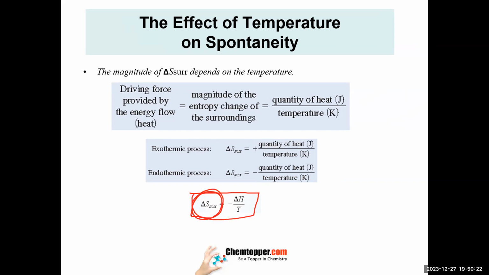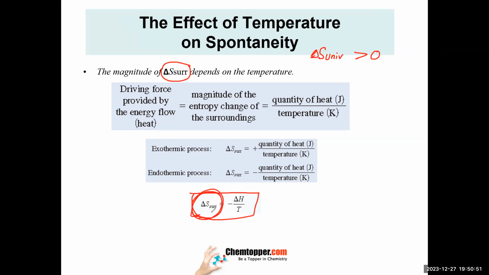System is very small, very tiny, as compared to surroundings. And for a process to take place, remember I said delta S universe should be greater than 0. So they say that this delta S surroundings can be considered as your delta S universe.